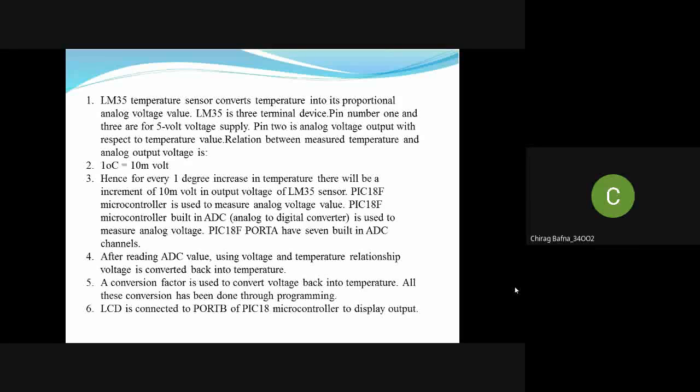After reading the value, using the voltage and temperature relationship, the voltage is converted back into temperature. A conversion factor is used to convert the voltage back into temperature. All this conversion is done through programming. The LCD is connected to port B of the PIC18 microcontroller to display the output. We had already performed the practical on the hardware kit.